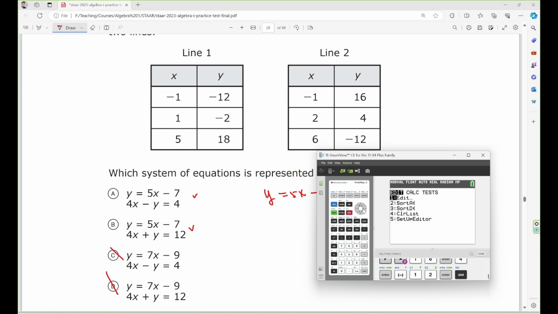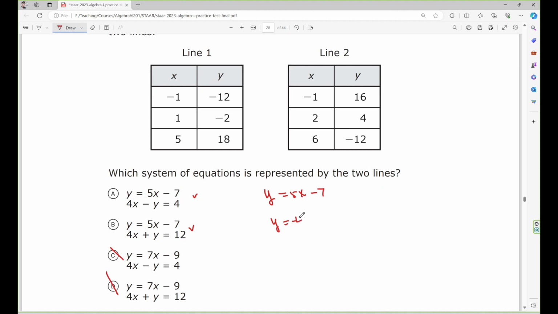Now hit STAT, go to CALC, number 4, LinReg. Hit VARS, Y-VARS, Function, Y1, calculate, enter. Y equals negative 4x plus 12.